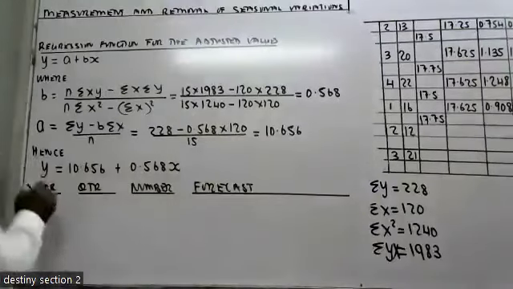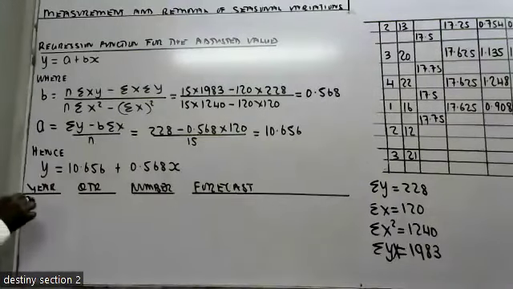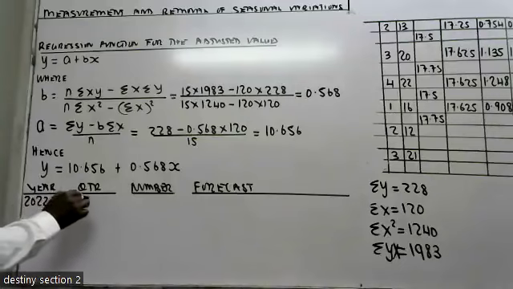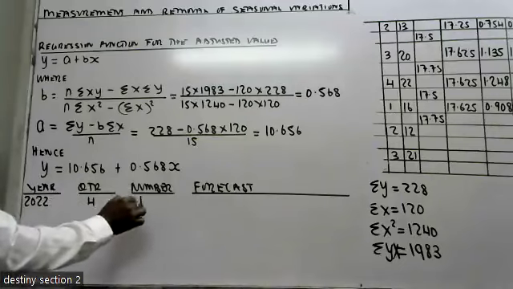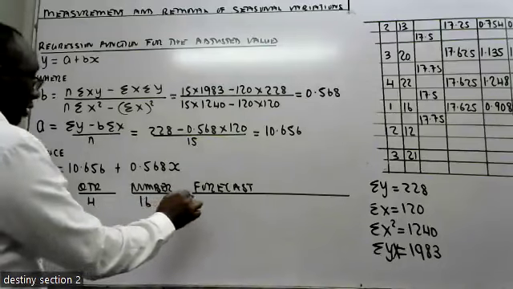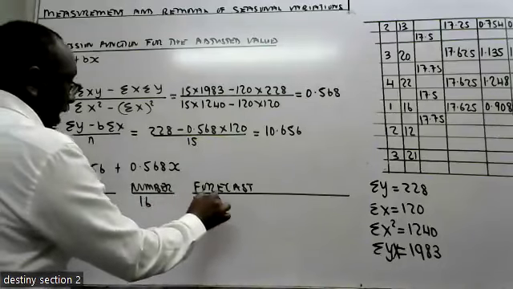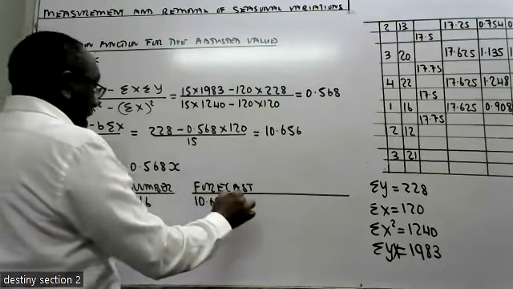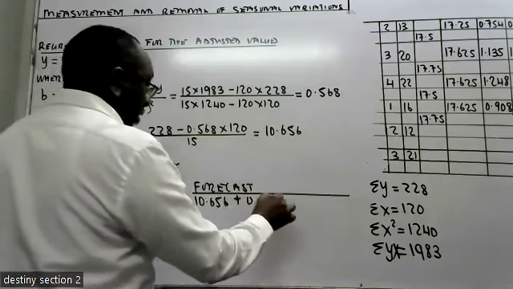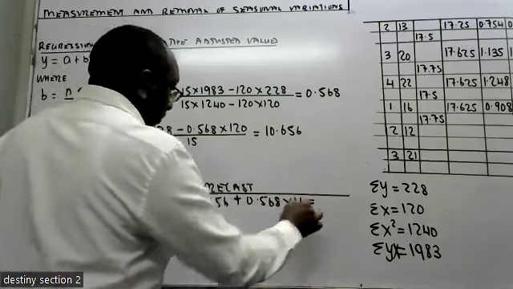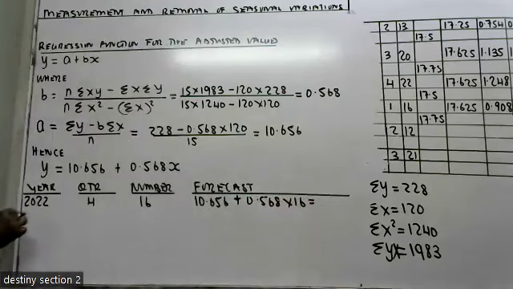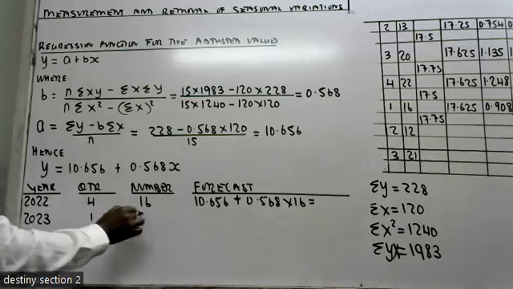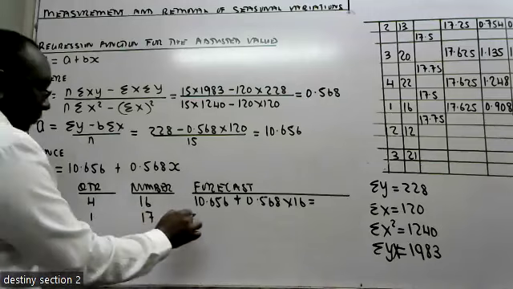So for the year 2022, quarter 4, that would be number 16. So utasema ni 10.656 plus 0.568 multiplied by 16. The year 2023 quarter 1 is number 17.